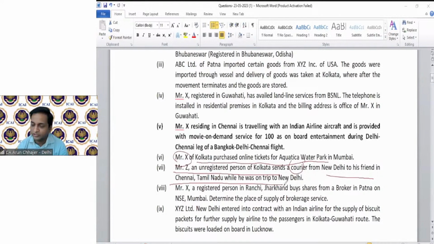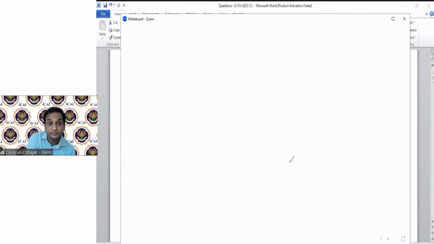What would be the place of supply? In case of transportation of goods, section 12 subsection 8 talks about transportation of goods, including mail or courier.